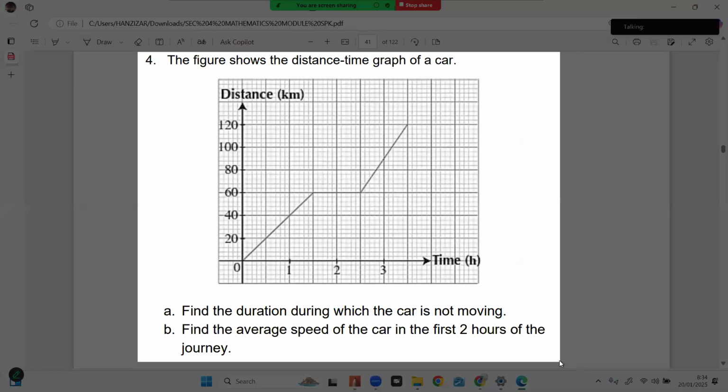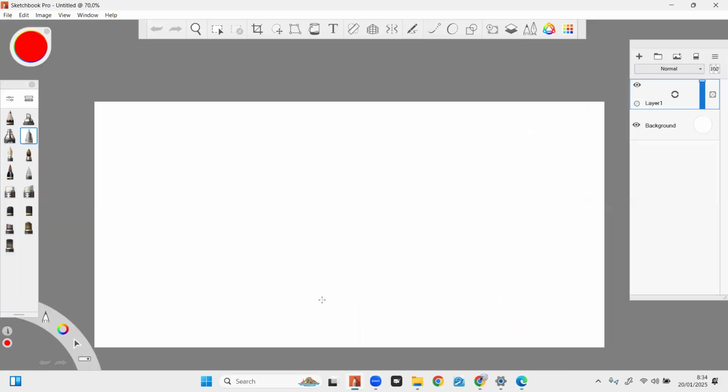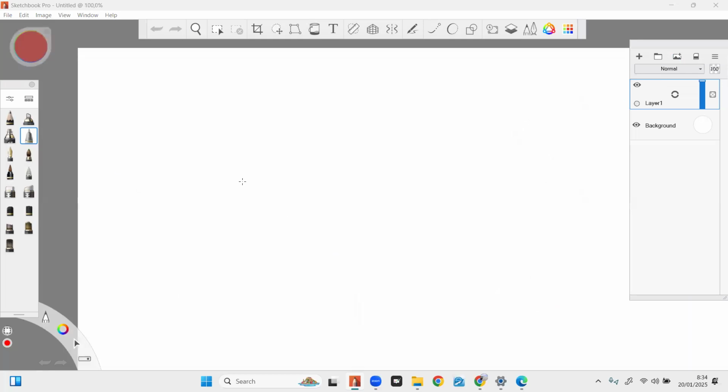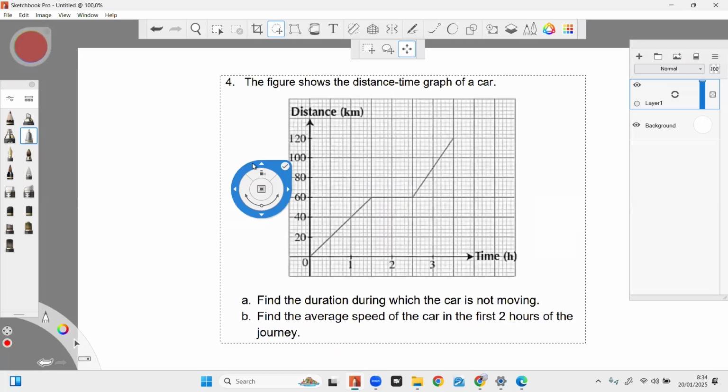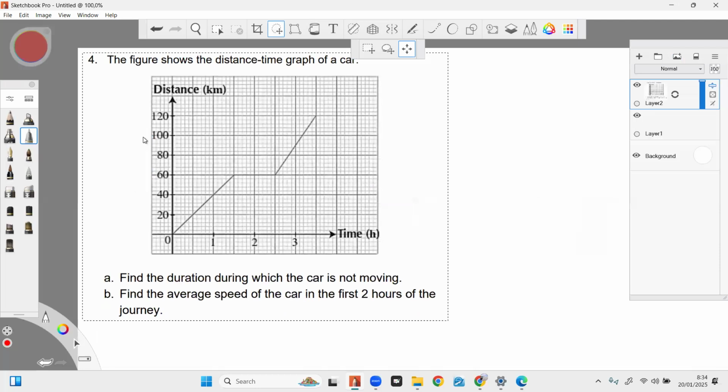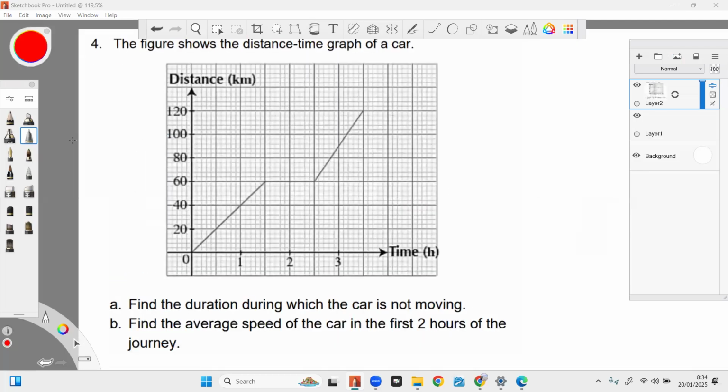Now we're going to go for a formula that we haven't learned previously, but I think you already knew it in your secondary level. Let's see how it is done. I will make the graph more clearly seen. Find the duration.